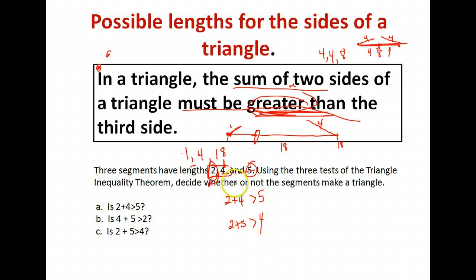And finally, let's use the last pair we haven't used, 4 and 5. So 4 plus 5 would have to be greater than that third side that's left, 2. And you can see that this does happen because 6 is greater than 5, 7 is greater than 4, and 9 is bigger than 2. So yes, these segments could make a triangle because they pass the test. Any two sides added together are greater than that third side.